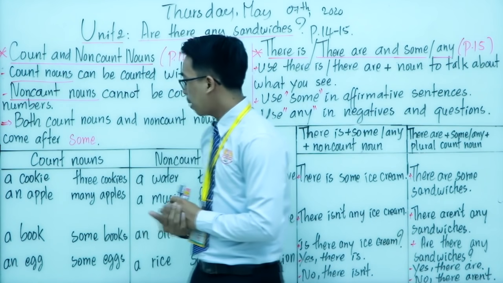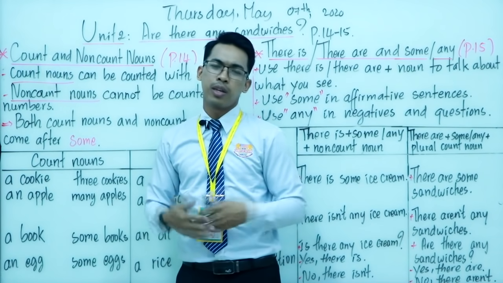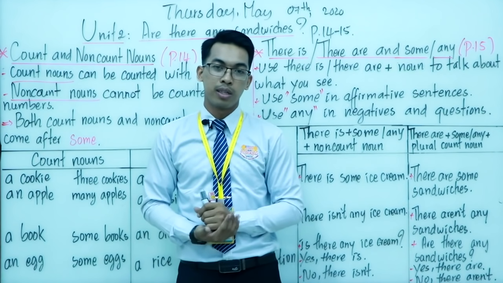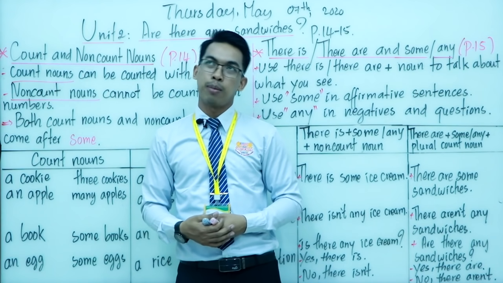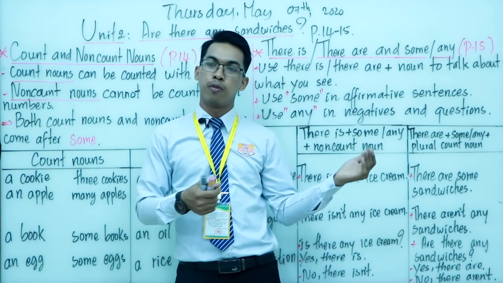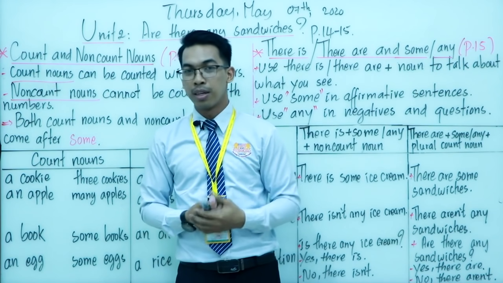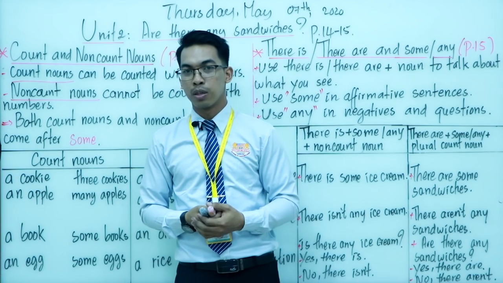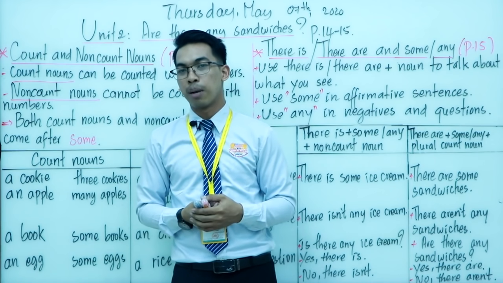Good. And how about another one? An apple. We see only one apple. For example, when your mother comes home from work and buys apples for you, you can count the apples. How many apples?